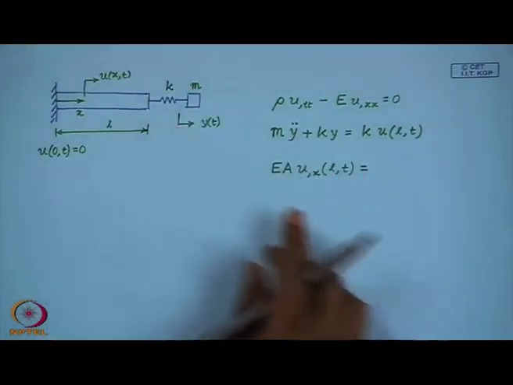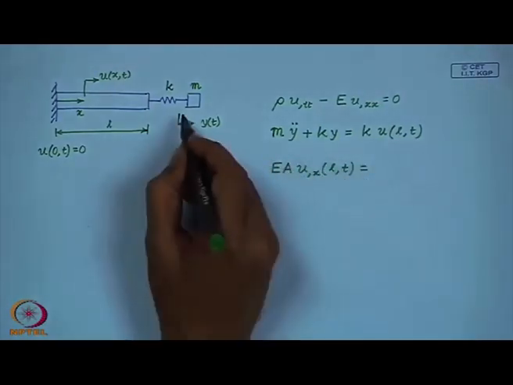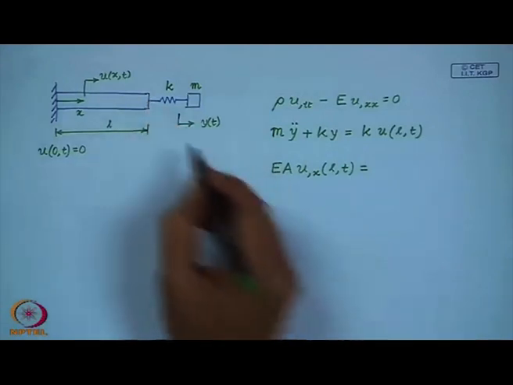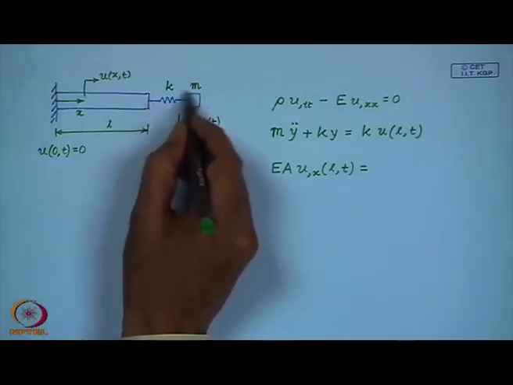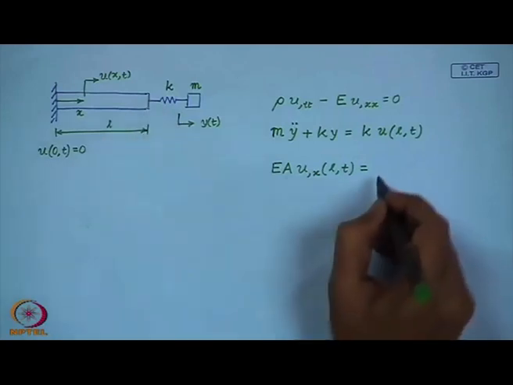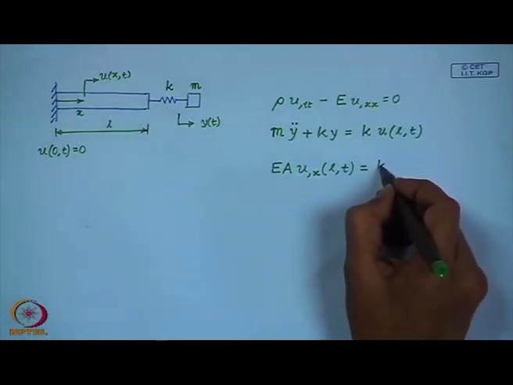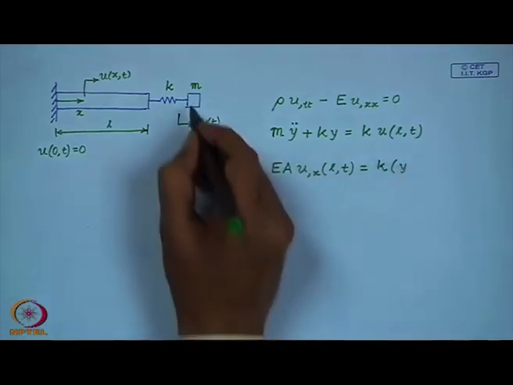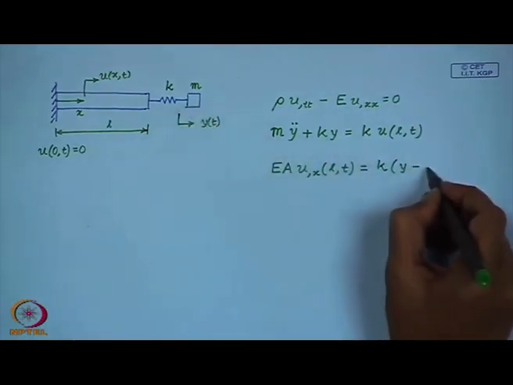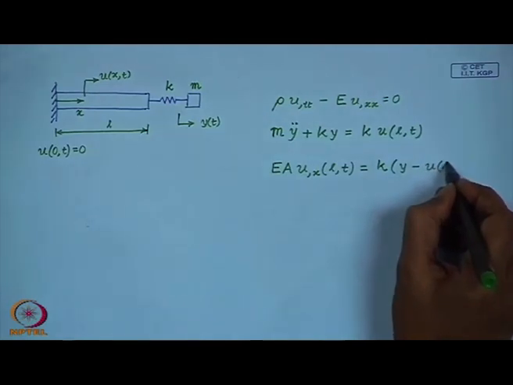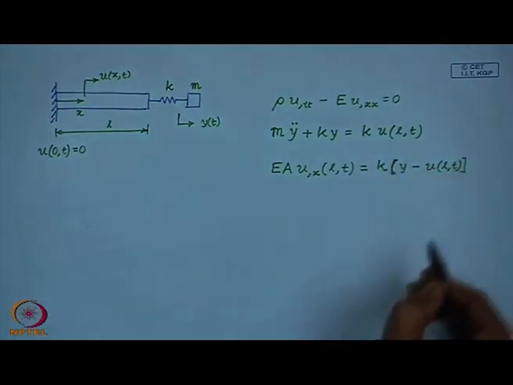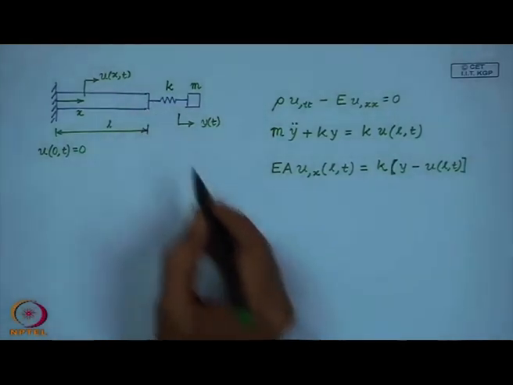Now, since there is an oscillator, you can write the force that this oscillator puts on this end, which is easily obtained as k times y, which is the motion of this point, minus the displacement of the bar at this end.